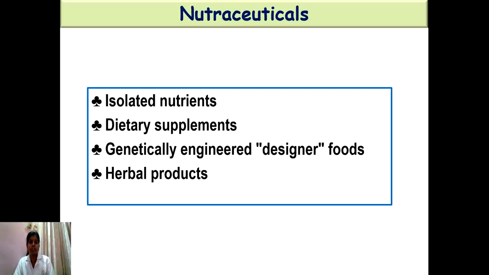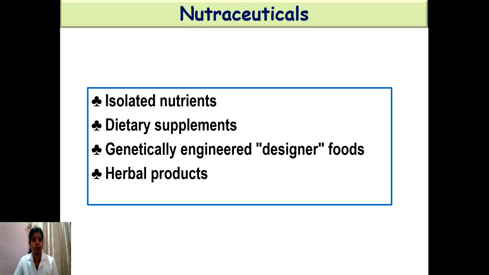When I say genetically engineered designer foods, you can take Horlicks as an example. Horlicks has DHA. Apart from DHA, Horlicks has ingredients like wheat, ragi, other cereals, and even wheat bran in its composition.